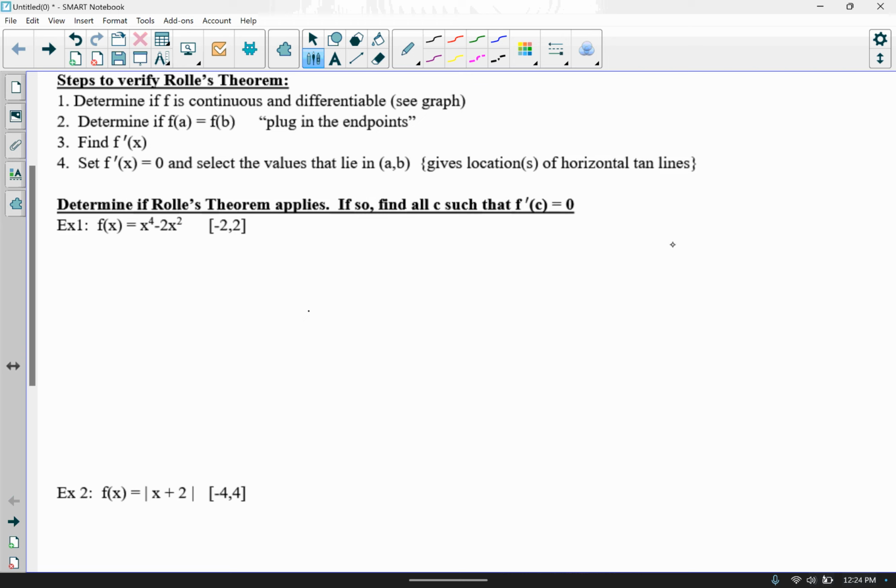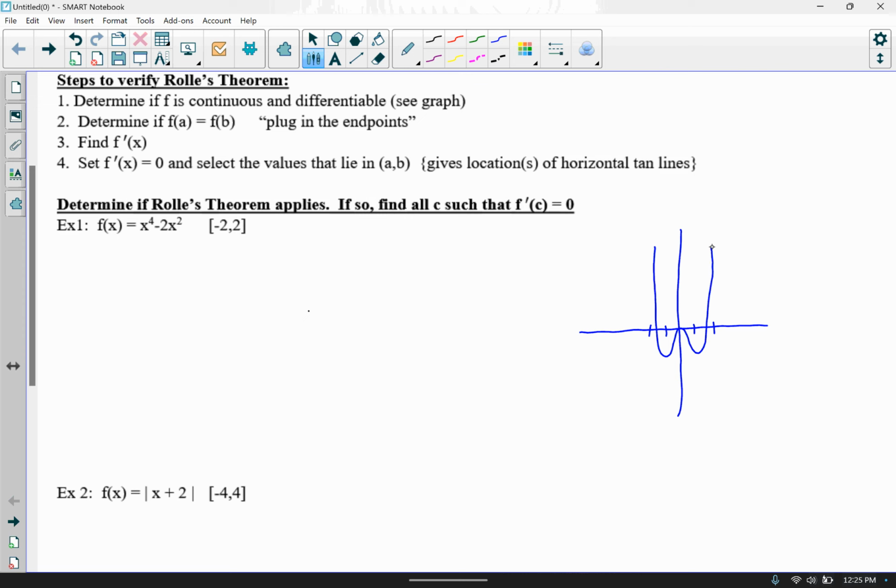If you were to pop this in your calculator, you would see that it looks somewhat like a W curve, and I'll go ahead and get us a fair graph here. Starting in here, it looks something like this.